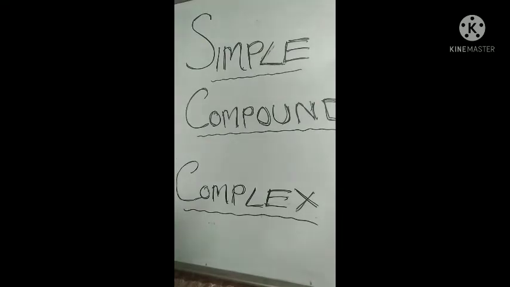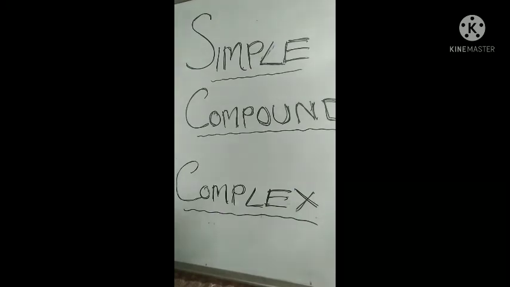Dependent clauses begin with a subordinating conjunction. How can you recognize a dependent clause? Dependent clauses always begin with a subordinating conjunction. Which type?